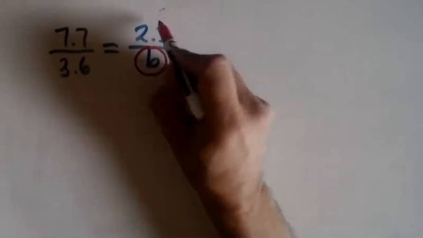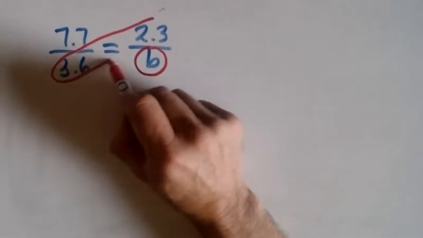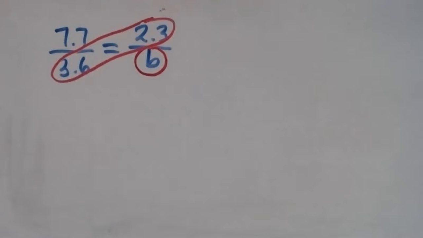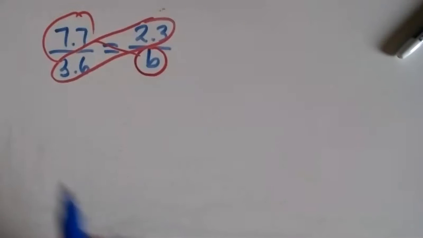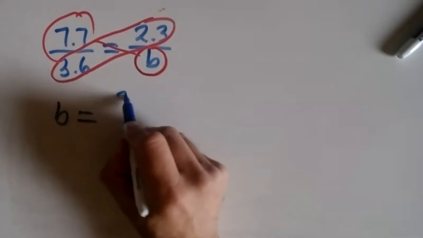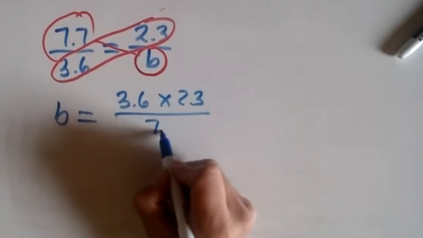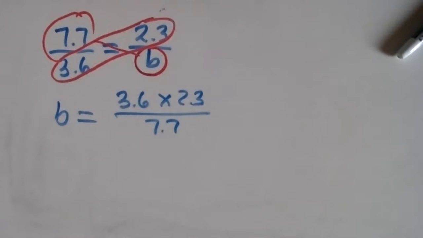Now, these are the numbers in the other diagonal. Those are the numbers you are going to multiply at the top of the ratio, and then you are going to divide by 7.7. So b is going to be 3.6 times 2.3 divided by 7.7, correct?